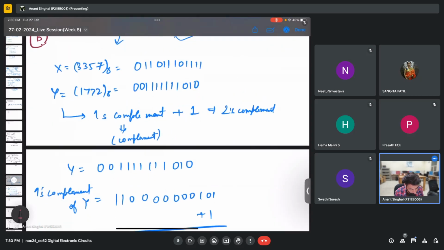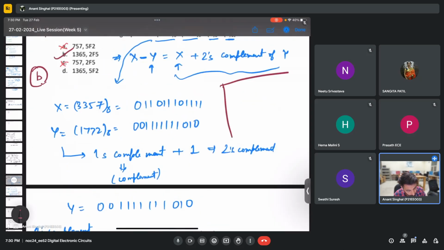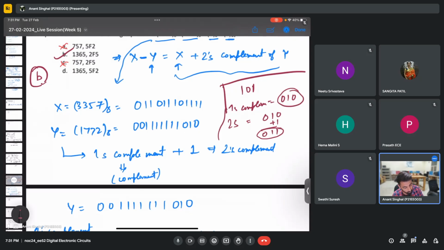Let me give a very basic example for 1's complement if you don't understand. Let's say I have a 5 which is 101. The 1's complement will be 0 1 0, and the 2's complement will be 0 1 0 plus 1, that is 0 1 1. So this is the 2's complement, this is the 1's complement. Just a basic example.